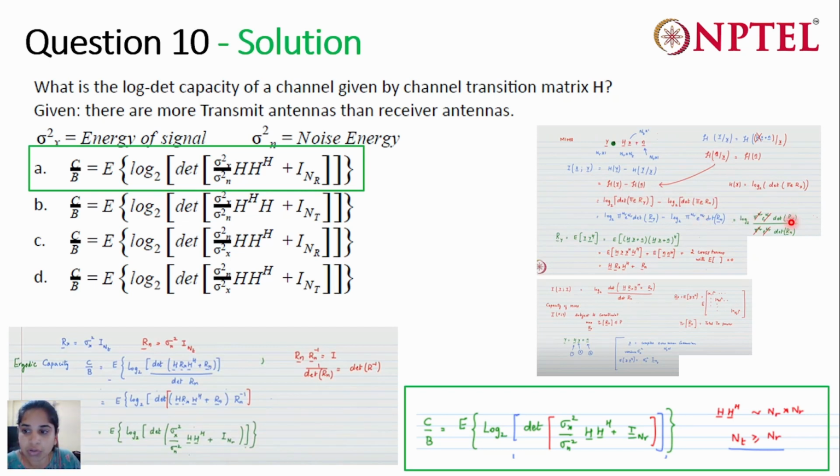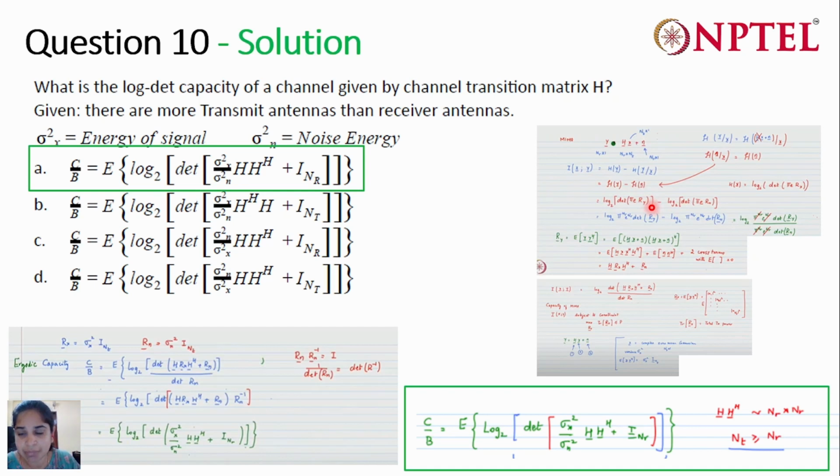We already know that h of x is log to the base 2 of determinant of pi e into Rx. Substituting for h of y and h of n, we get log to the base 2 of determinant of pi e Ry minus log to the base 2 of determinant of pi e Rn. And trying to bring out the constant terms, we get log of pi, the whole power n. The other important thing here is that we know that NT is greater than NR.